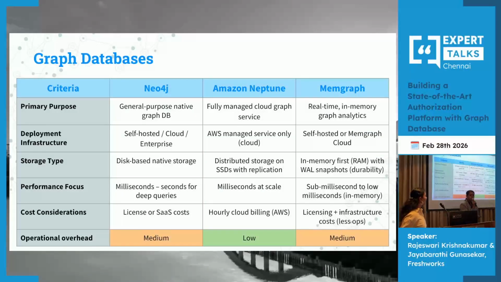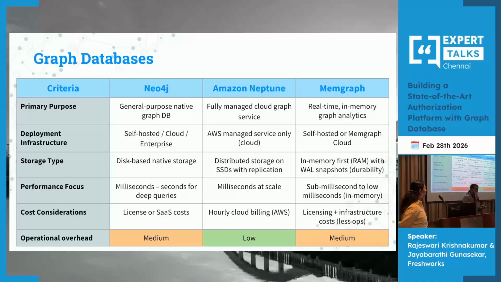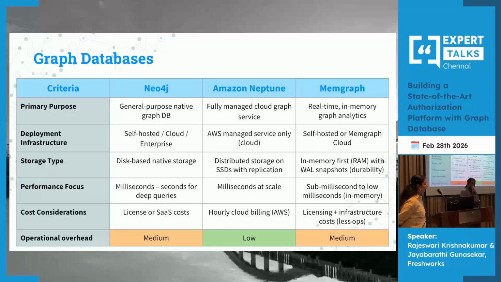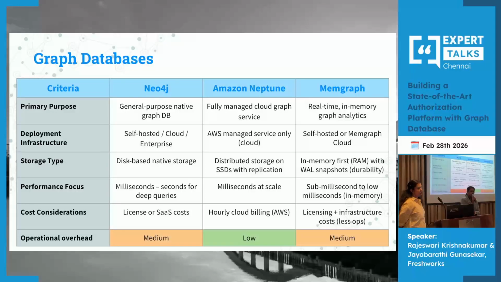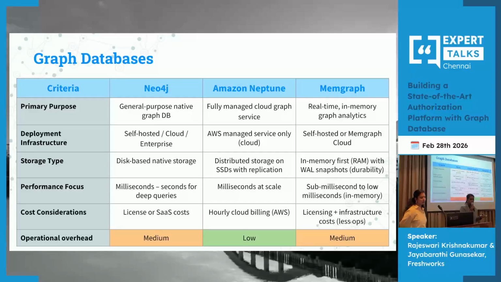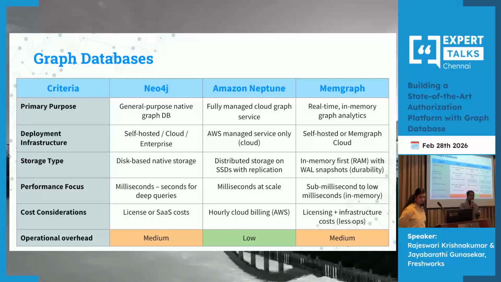So when we decided to use a graph database, we had multiple options. Similar to how if we take a relational database, there will be multiple options, MySQL or Postgres. Similarly, in graph, we had Neo4j, Amazon Neptune, and Memgraph.